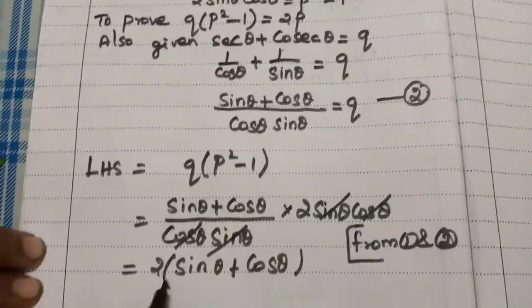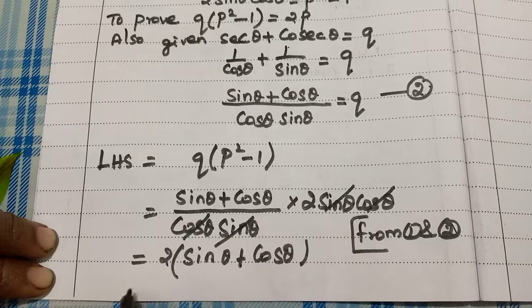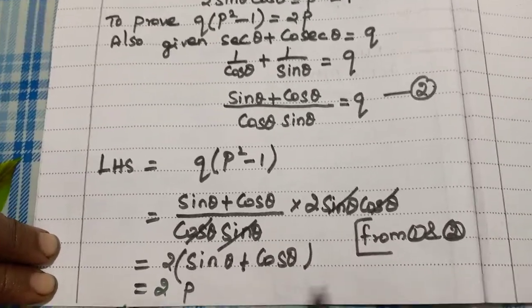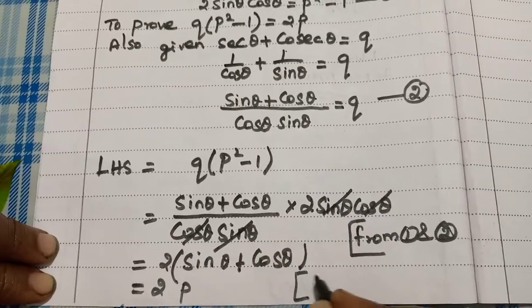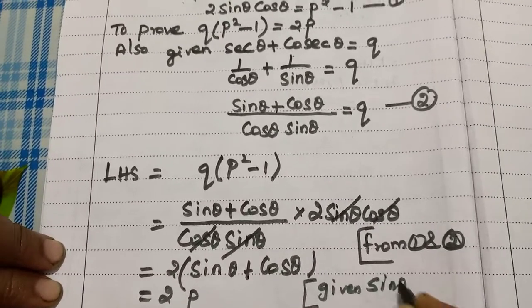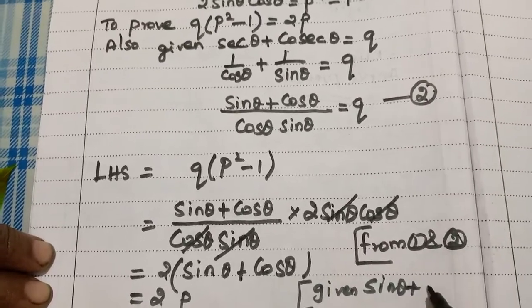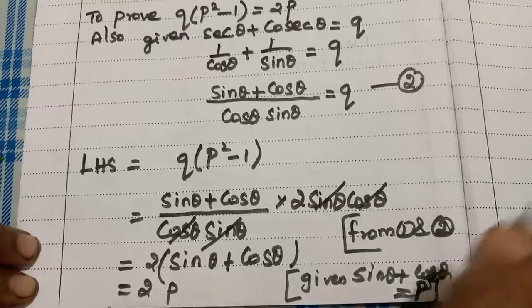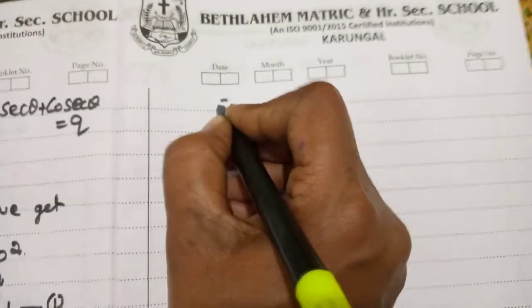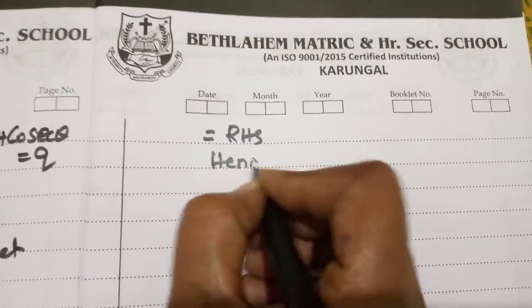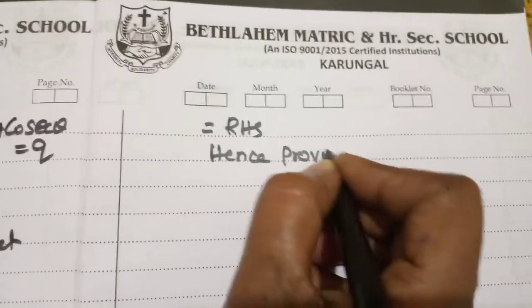So 2 into the sin theta plus cos theta value can be written as 2 into p, given sin theta plus cos theta equals p. Understood, students? Which is equal to the RHS. Hence proved. Understood, students?